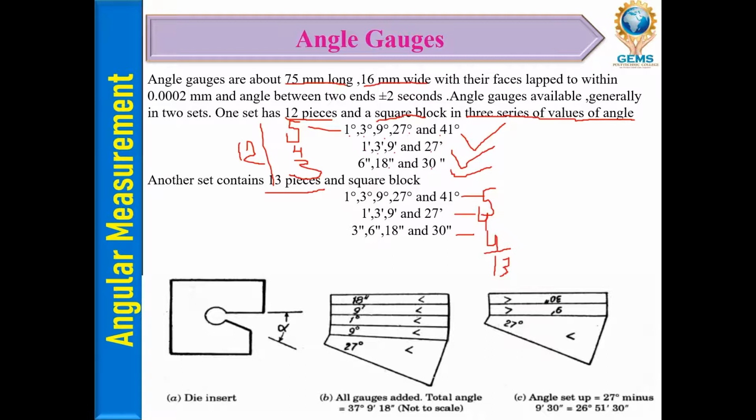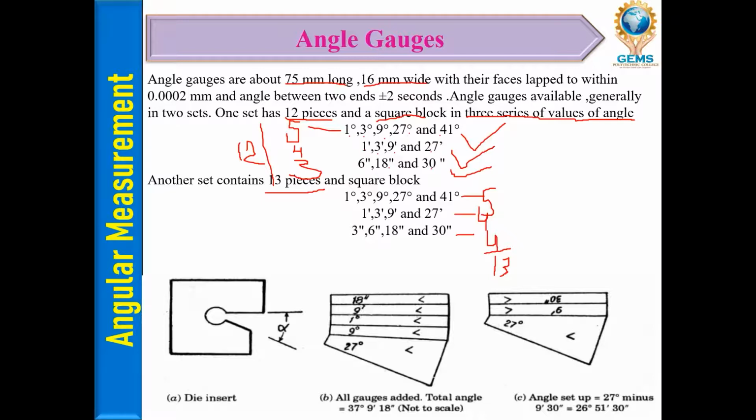So these angle gauge sets are available along with the square block. Why do we need the square block? If the angle is greater than 90 degrees, then we can use the square block. So these are the angle gauge sets available.